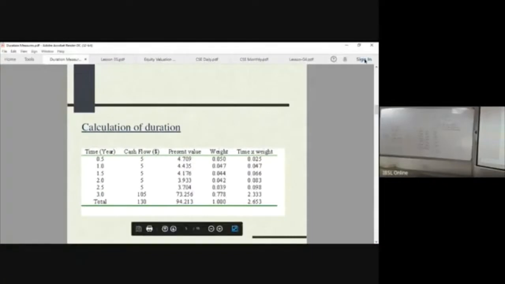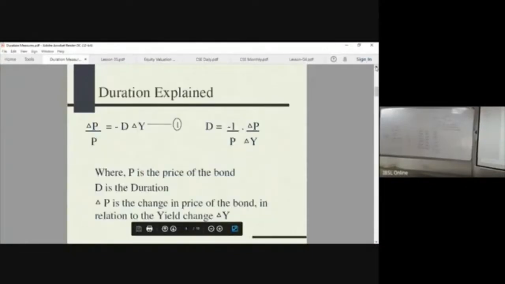Right. Now, in the earlier slide, we talked about the equation. If you look at this equation, delta P over P is equal to minus D into delta Y. This can be rearranged to show that delta P is equal to minus D into delta Y into P, because it's a cross multiplication.